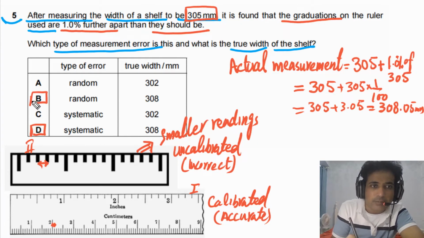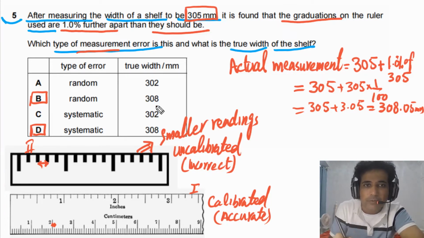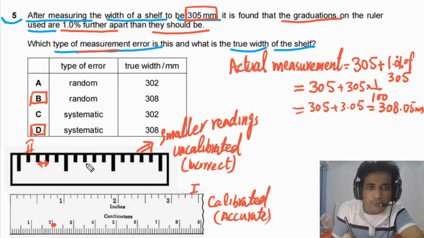Our answer is D. Now we need to understand the type of error. In this case, if we use this meter rule, all the readings will be smaller, so there will be a pattern. In systematic error, we see a pattern.